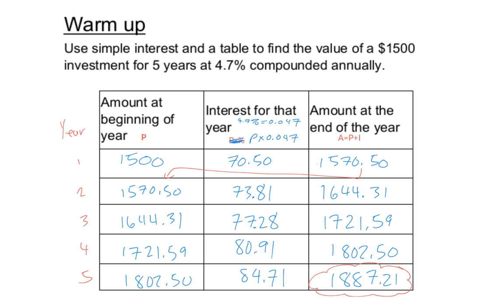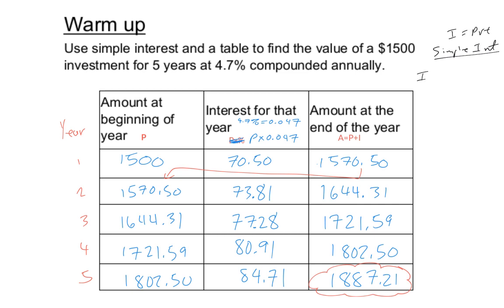And now our bottom total ends up being 1,887.21. So now if we go and calculate the simple interest, we do the following. For the simple interest, we know we're calculating I is equal to PRT, right?